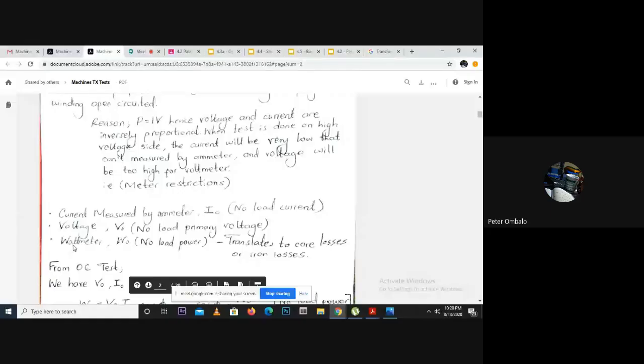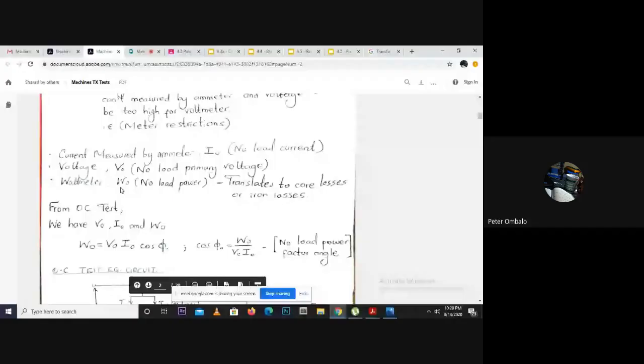And because the high voltage side is open, the power measured by the wattmeter is going to translate directly into the core losses. The core losses are also known as the iron losses.